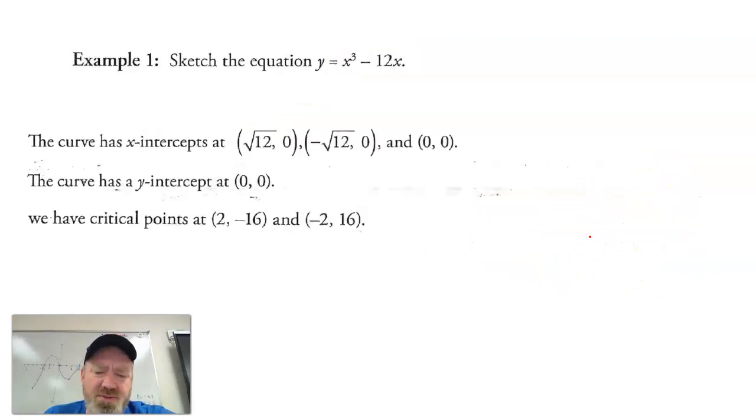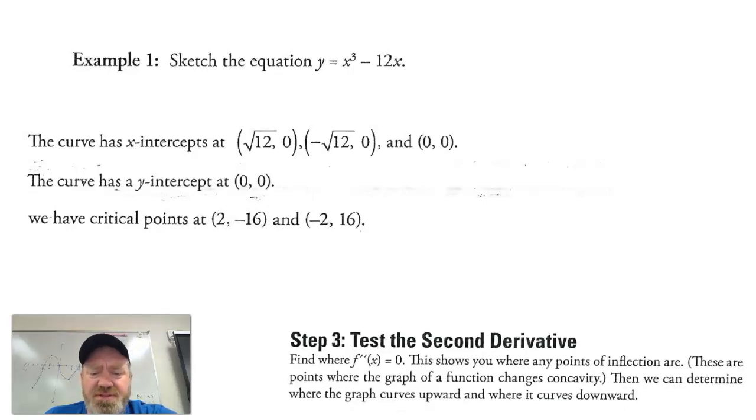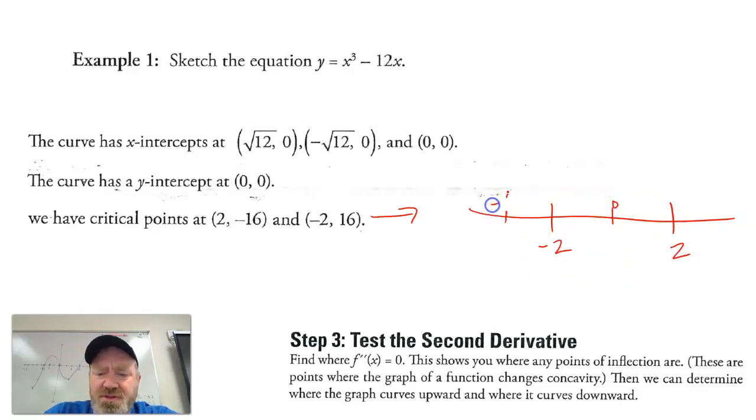And they could be maximums, minimums, or something else. So we just have to list them as critical points right now and move on. Second derivative. Before we go there, you could next make that chart that we've done before where negative 2 is here, positive 2 is here, and test values in between and see if you have maximums or minimums. You are welcome to. Or you could wait till you get to the second derivative, because the second derivative can find this too.